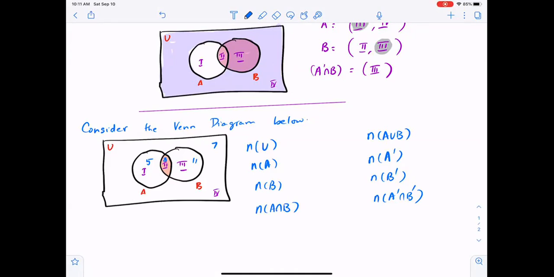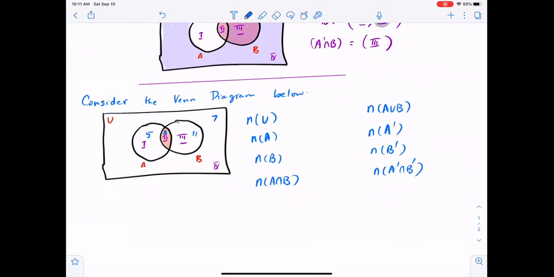Keep in mind, the purpose of cardinality is to put them together and get to probability and make inference. There is no need to explicitly write the elements out. What we want in practice is the cardinality.